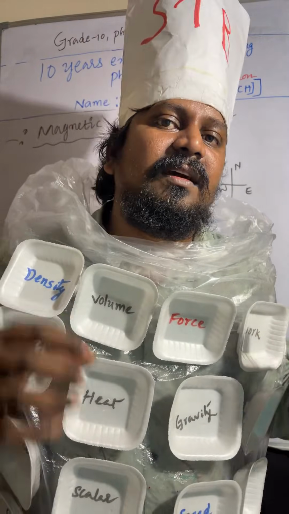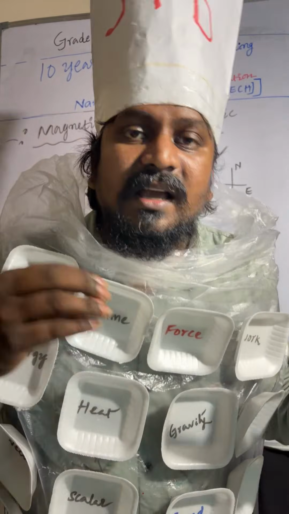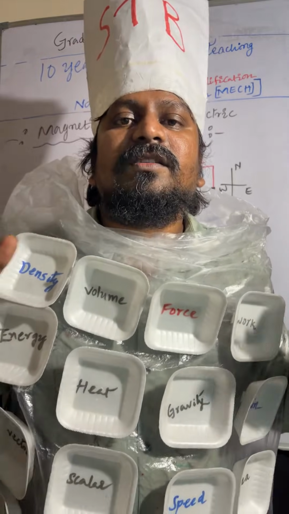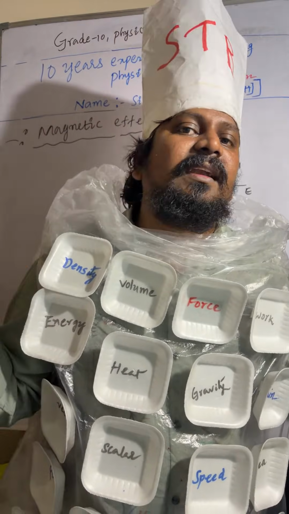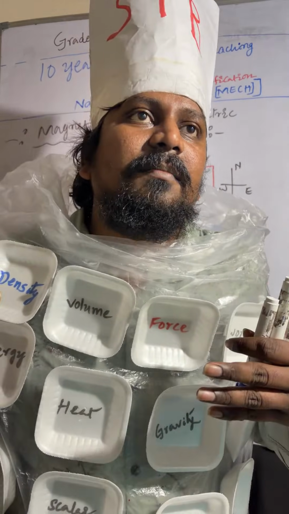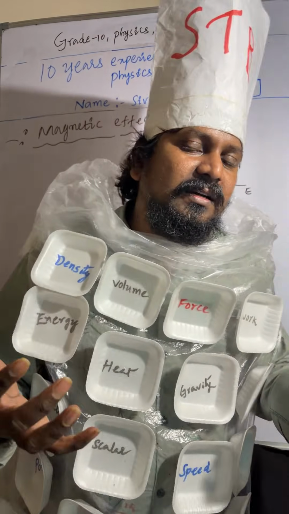Near to the current carrying conductor, more magnetic field will be there. If you move away from the current carrying conductor, less magnetic field will be there. So the magnetic field is directly proportional to the current passing through the conductor.